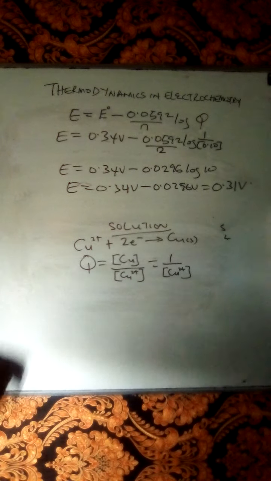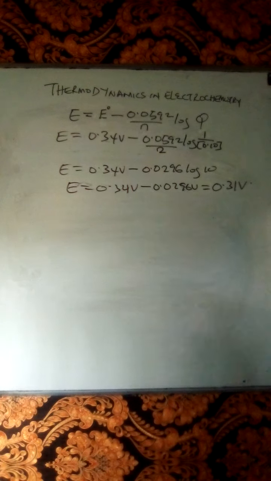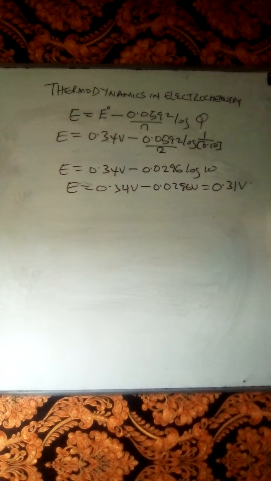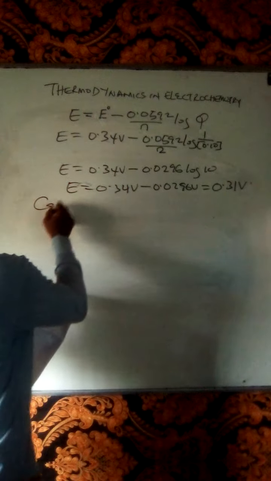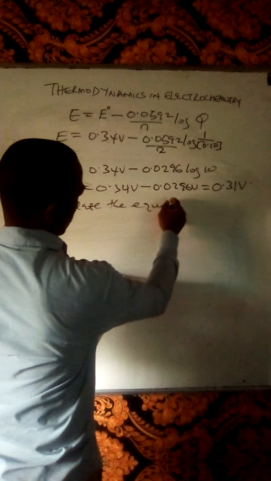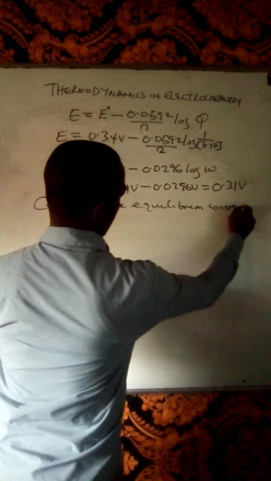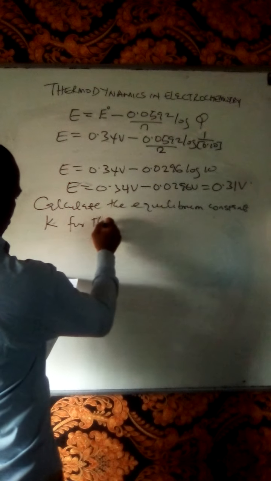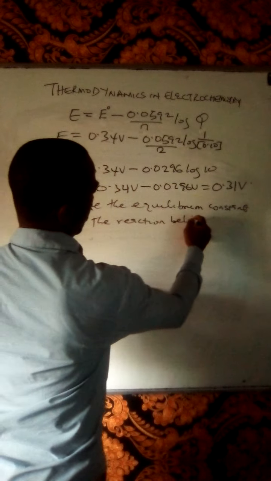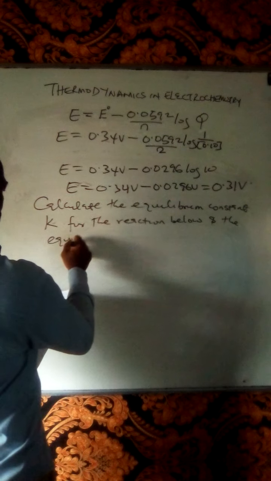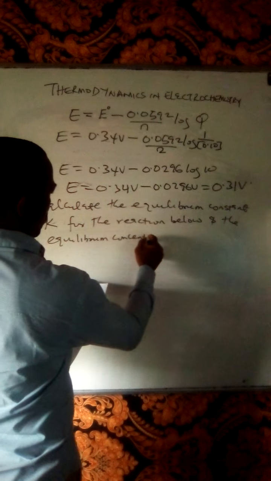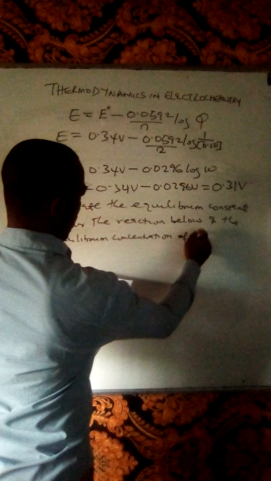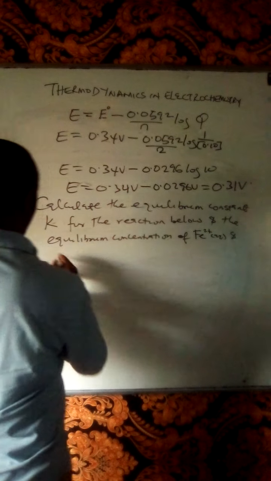We'll take a second problem on this. The second question says, calculate the equilibrium constant K for the reaction below and the equilibrium concentration of iron 2 and cadmium ion.